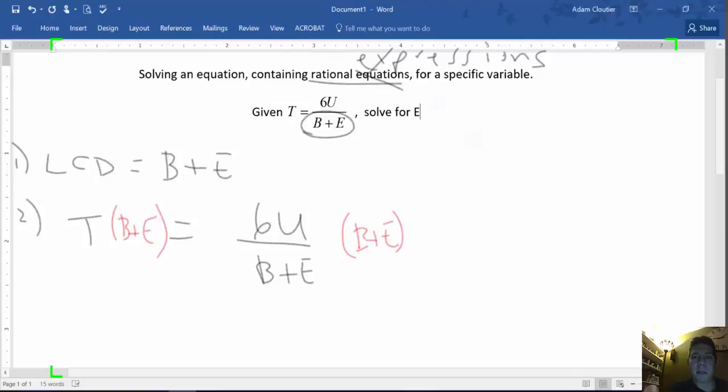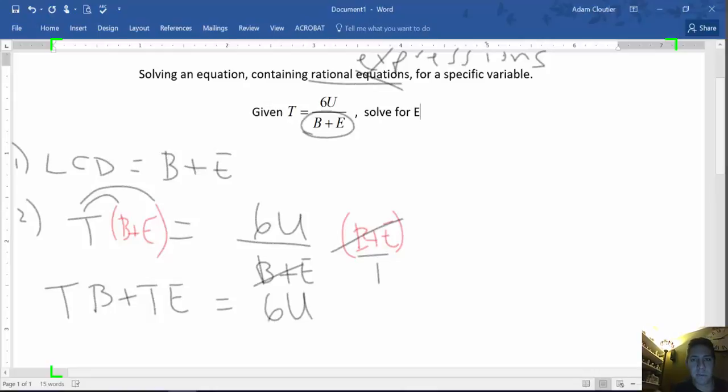If I multiply by the quantity of b plus e, on the right-hand side I can cancel out those two quantities because it's really like dividing by 1 and then multiplying straight across or cross-canceling. And on the left-hand side, I'm going to distribute the t inside to get tb plus te equals, on the right-hand side, I'm left with 6u.